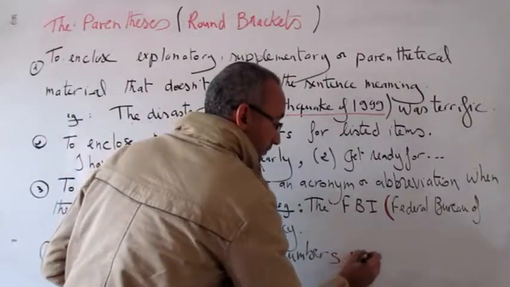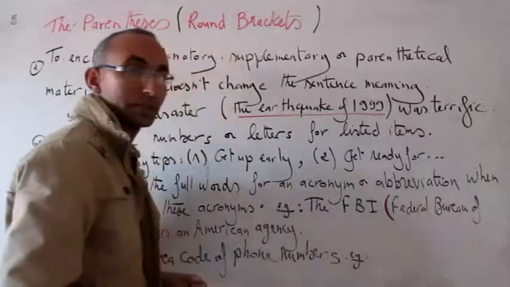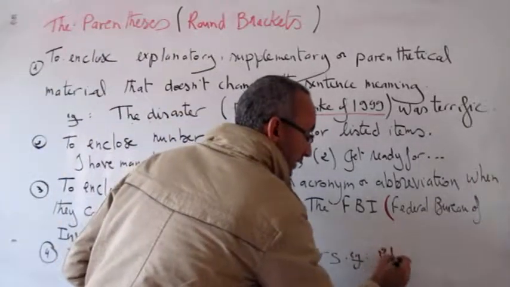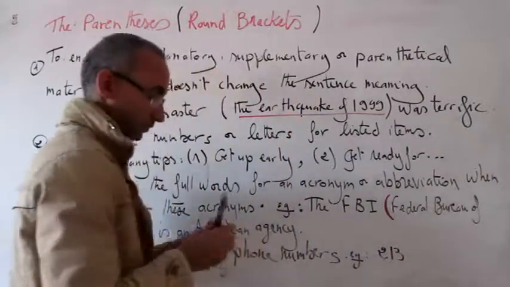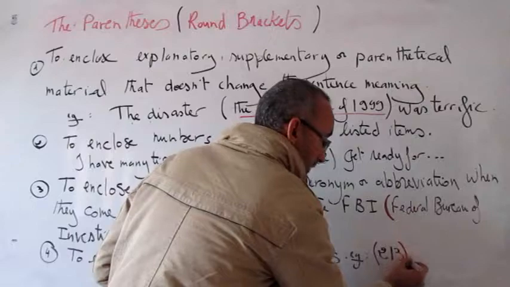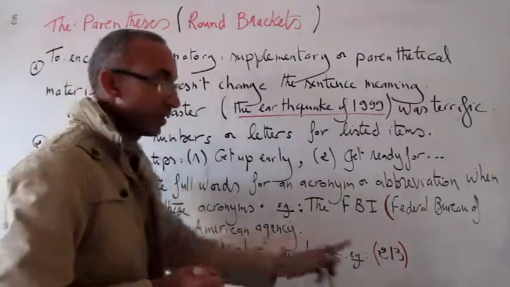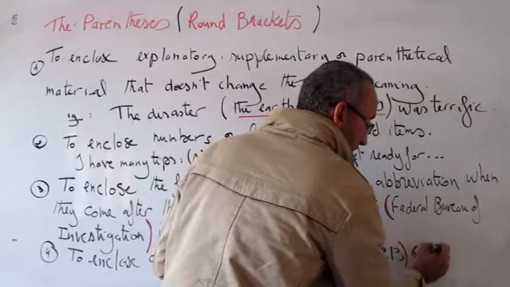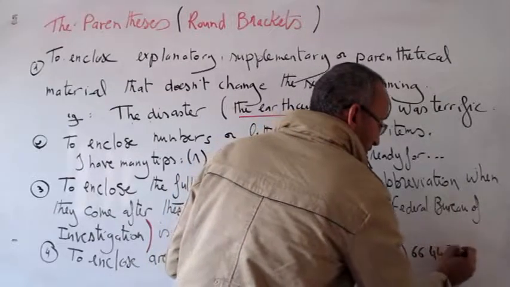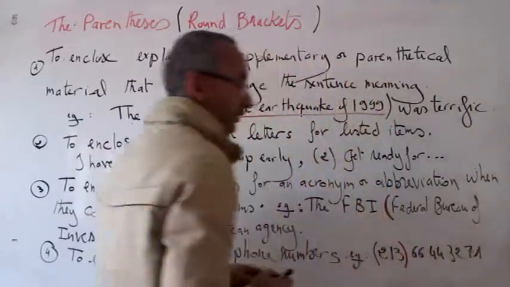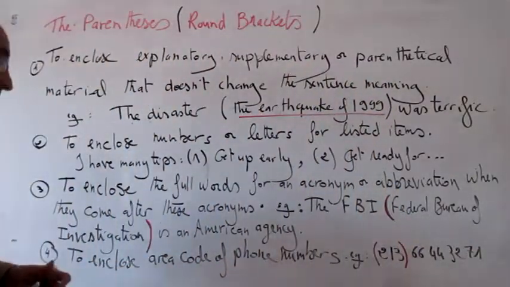Example, for Algeria our area code is 213. You put it between two parentheses, then you remove the 0 as you know, and you write directly the number.